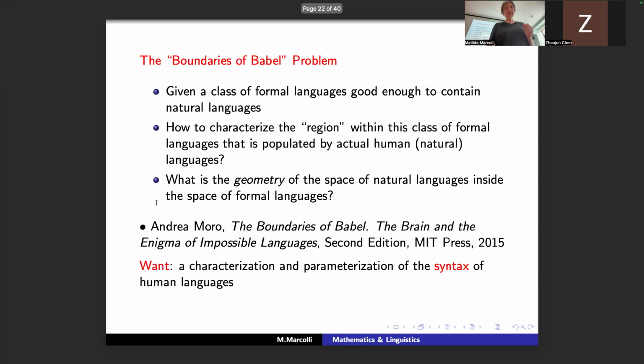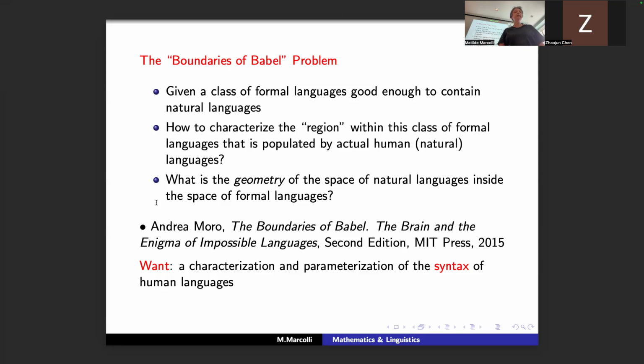Okay. And so, if you take seriously this question of characterizing, in whatever model you have for computational or mathematical languages, the region of this model that is actually populated by the human languages, this is a bit what I was saying about the class that is more than context-free and less than context-sensitive that will capture the human languages.